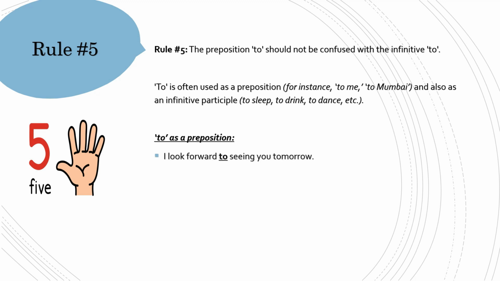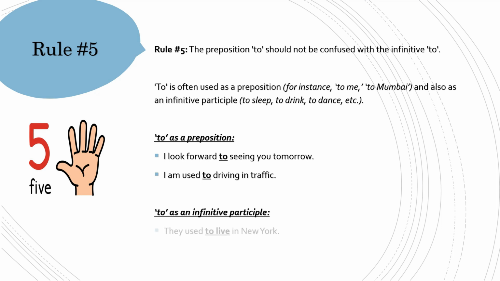I look forward to seeing you tomorrow. I am used to driving in traffic. To as an infinitive participle. They used to live in New York. They love to sing carols.